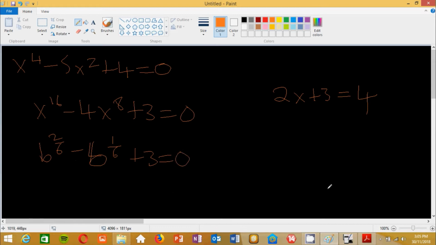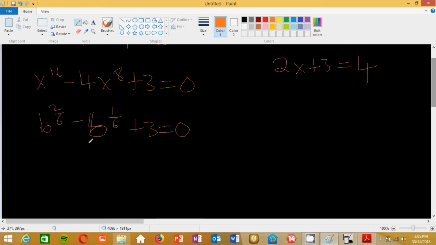This is a disguised quadratic equation. Only 2 powers in the equation, b to the power 2 over 6 and b to the power 1 over 6, and the highest power, the 2 over 6, is double the lowest power. 1 over 6 multiplied by 2 gives you 2 over 6. So that does work.